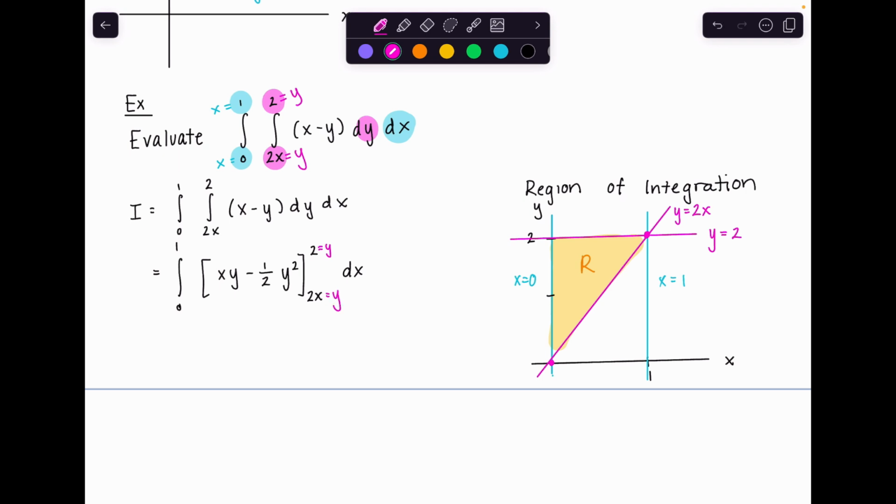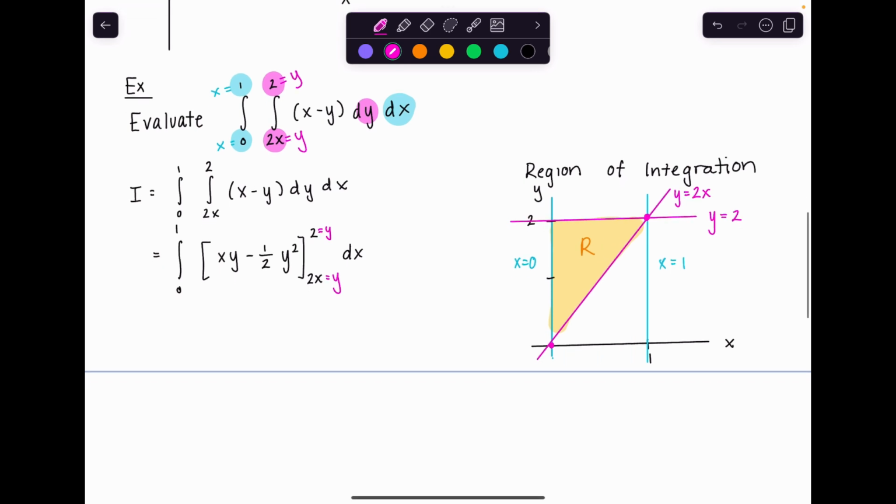And in the end, it'll just give me an expression that deals with x, which is nice. So going through, plugging in the upper bound, when I plug in 2, that gives me 2 times x minus 1/2 times 2 squared. I'll clean that up in a little bit. And then I've got to subtract plugging in 2x, so that's x times 2x minus 1/2 times 2x squared.